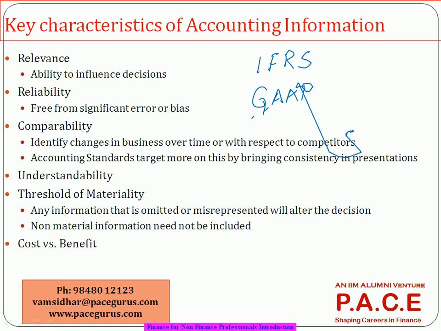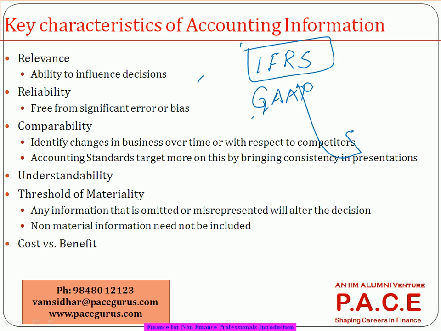And that is where worldwide uniformity has been tried to be achieved by using IFRS, International Financial Reporting Standards, which means across the world, all companies have to follow the same grouping principles.